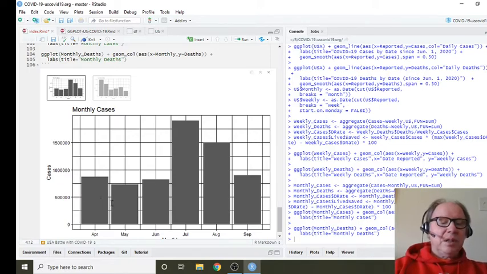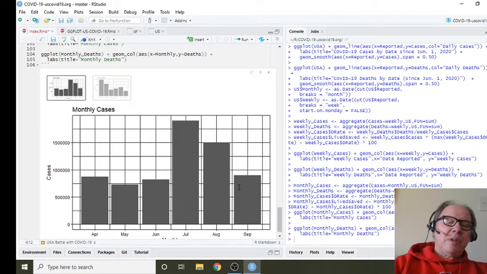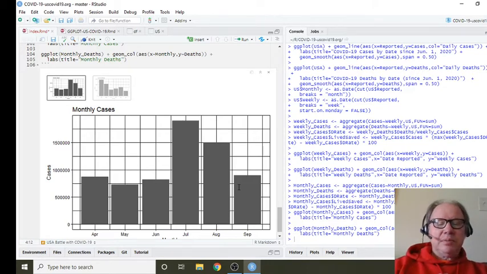So this is 30, 31, 30, 31, 31, and 28. So that's why you would want to use an average, some type of daily or weekly average to get the numbers. But you know what?